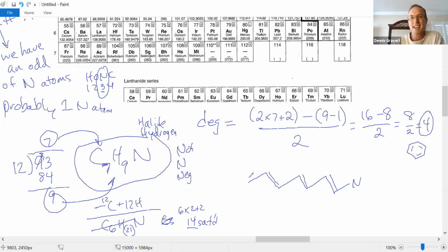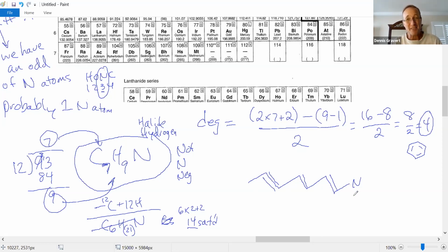Nature doesn't like doing that. That's an allene type of structure, and we're trying to draw the most common molecules. So I would give you points if you draw it on the pi bond. That is an isomer of C7H9N, but I would say that's probably not it. So maybe make it a triple bond instead. That's more stable, and this has 4 degrees of unsaturation.